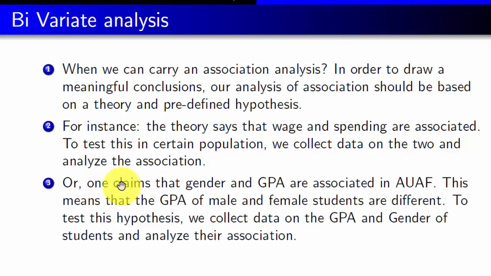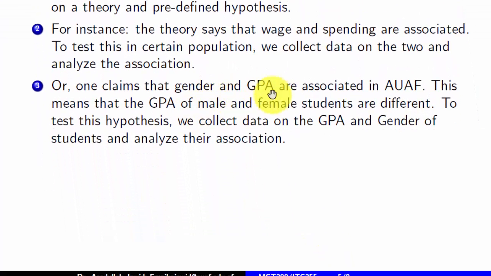Or one claims that gender and GPA are associated. This means that the GPA of male and female students are different. To test this hypothesis, we collect data on GPA and gender of students and analyze their association. If the values of GPA were different for female and male students, then we say that this hypothesis is true.